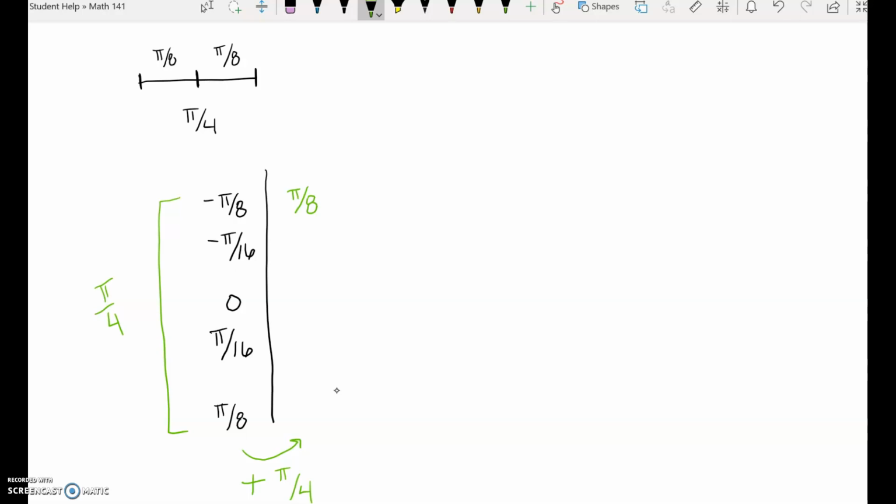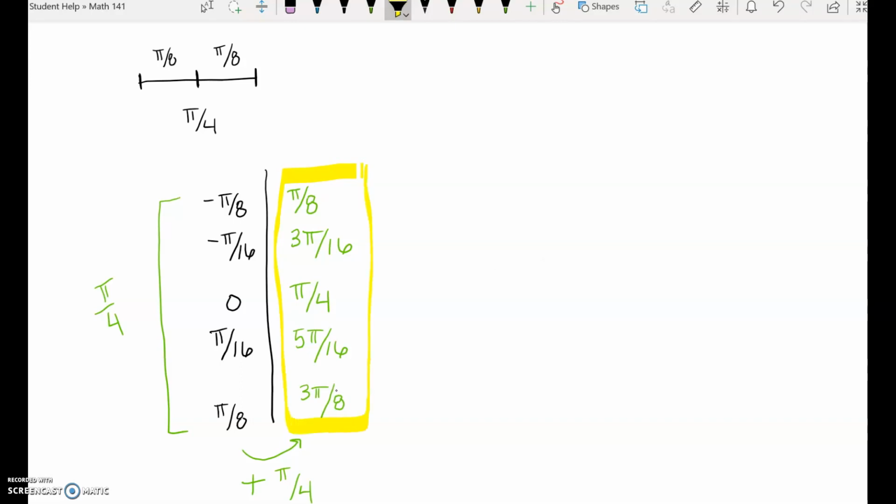Then -1/16 plus 1/4 is 3 pi over 16, pi over 4, 1/16 plus 1/4 is 5 pi over 16, and then 1/8 plus 1/4 is 3 pi over 8. So these are the x values that we're going to consider.